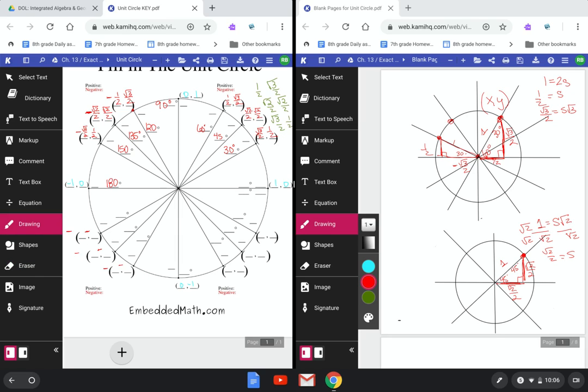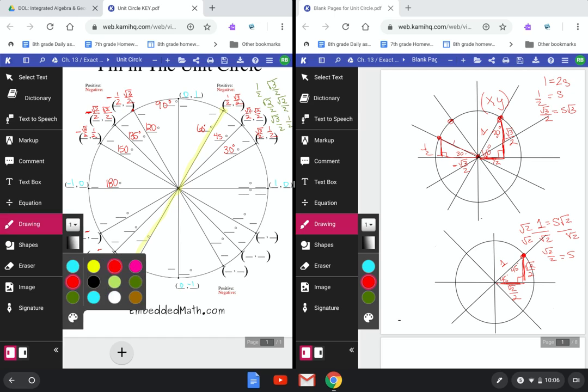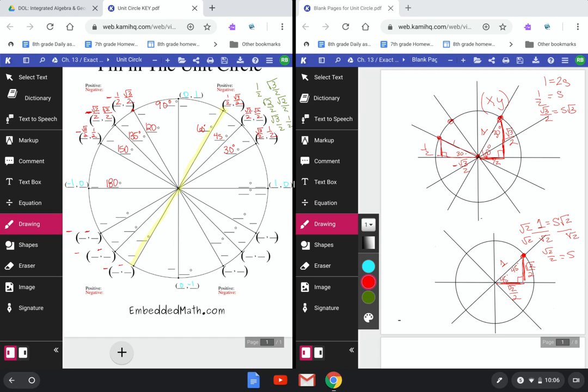is if you have your numbers in your first quadrant, take this point and draw a straight line across. Those are going to be the same points over here, only both negative. So we'll have negative 1/2 for x, and negative √3/2 for y.